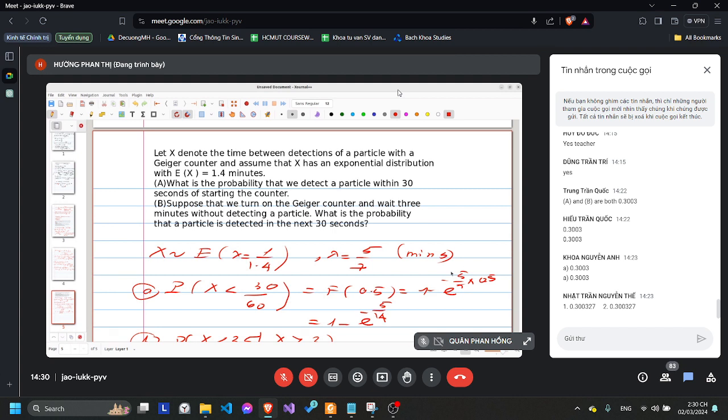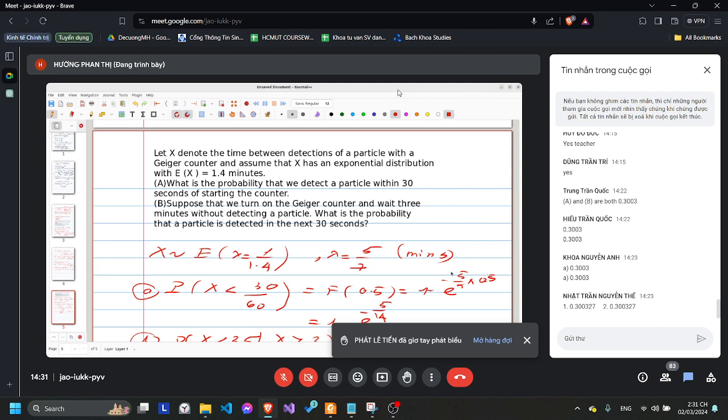And then the probability to get the particle in the next 30 seconds is still the same as if you started to detect from the beginning. Because here you still use the same 30 seconds. Even at the beginning, or even you wait after 3 minutes, the probability is still the same.